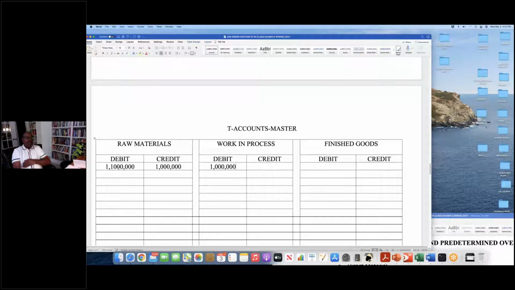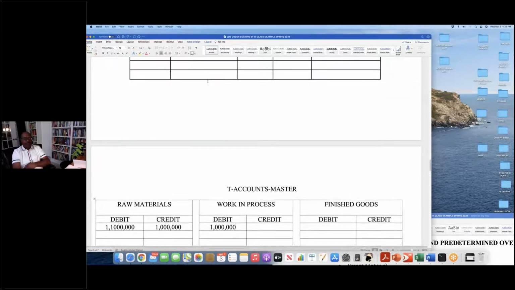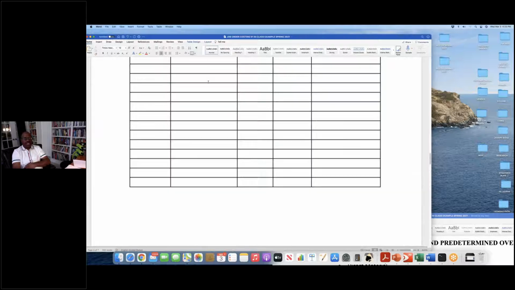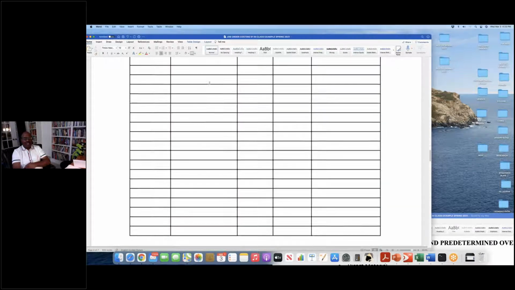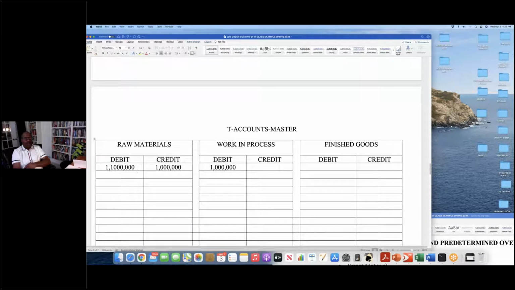When we buy the raw materials, we debit them. For them in the work in process, we credit it and move them over to work in process. So they're no longer here in the warehouse. Got it? Okay. I was just talking about raw materials for debit. It says like 1 million.